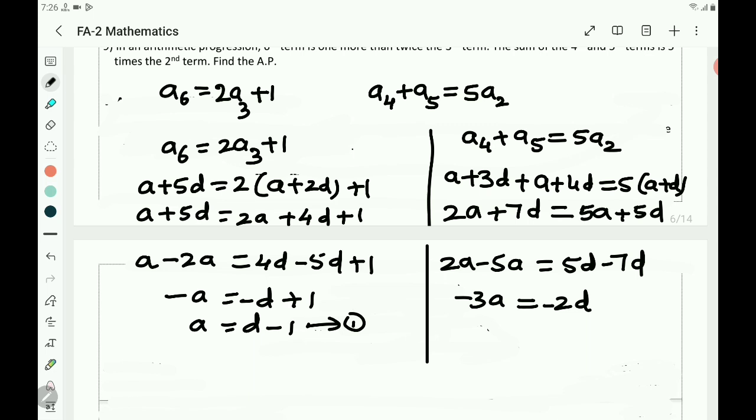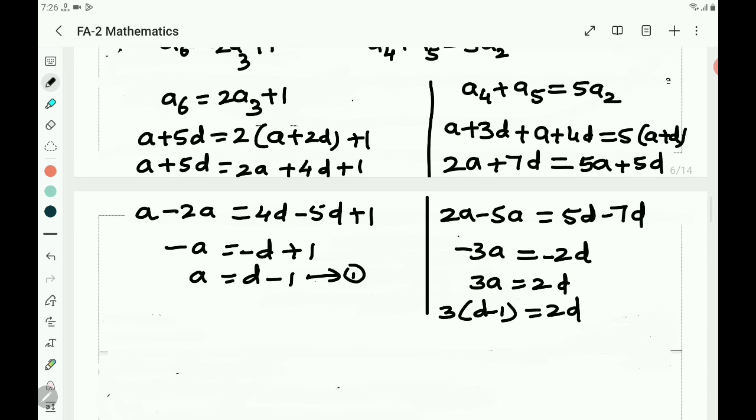The negatives cancel, so you can write 3A equals 2D. Then in the place of A, write D minus 1. That is 3 into D minus 1 equals 2D.